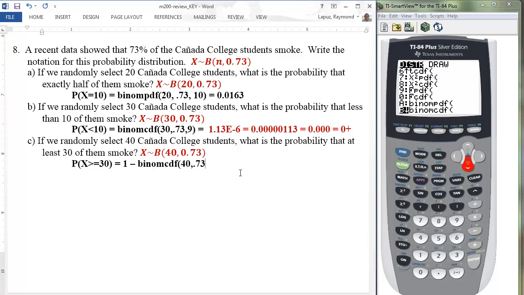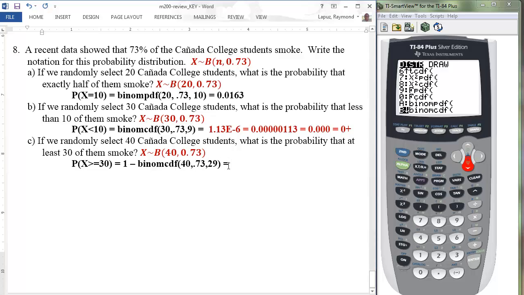So n is 40 and p is 0.73, but we're only going to add up the probabilities from 0 all the way up to 29. So what's going to be left is 30, 31, 32 all the way up to 40. And then once we figure out what this binomial distribution is, we're going to subtract it from 1.